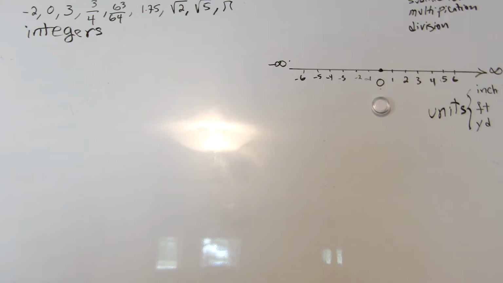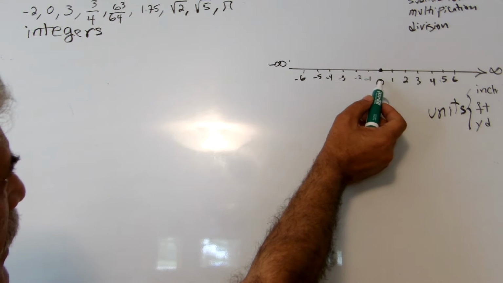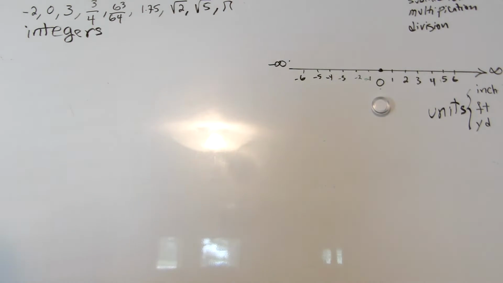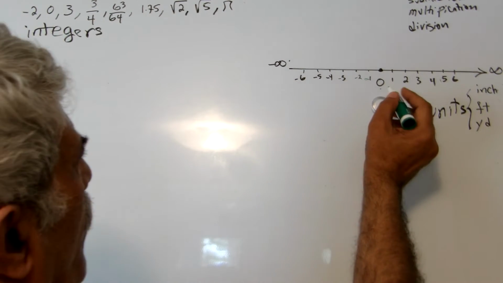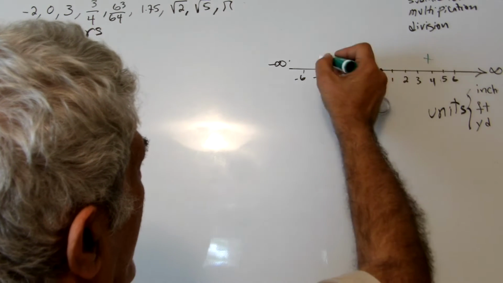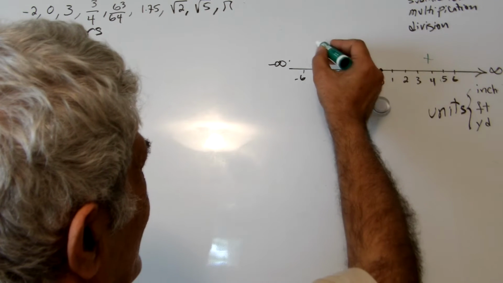Okay, integers, as I said, the origin is 0, and then we have positive integers and negative integers, and this is increasing.